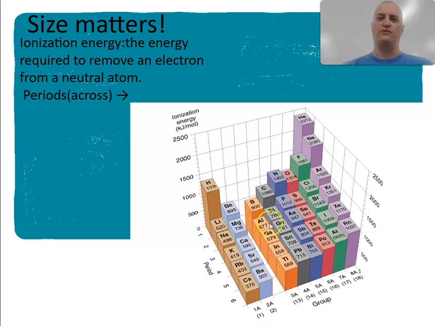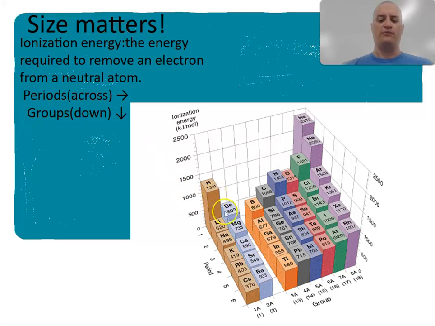These are the values of the amount of energy in kilojoules to remove. So again, across the atom becomes smaller, so the electron that is removed is closer, requiring more energy to remove it. Going down, the group trend is it decreases.